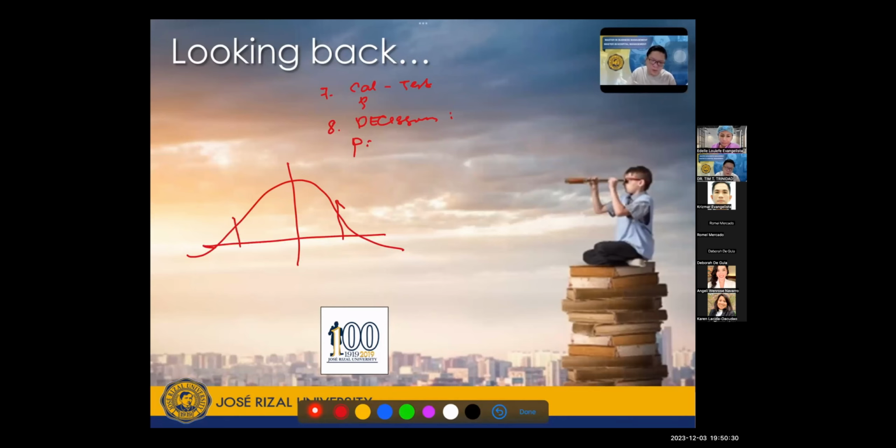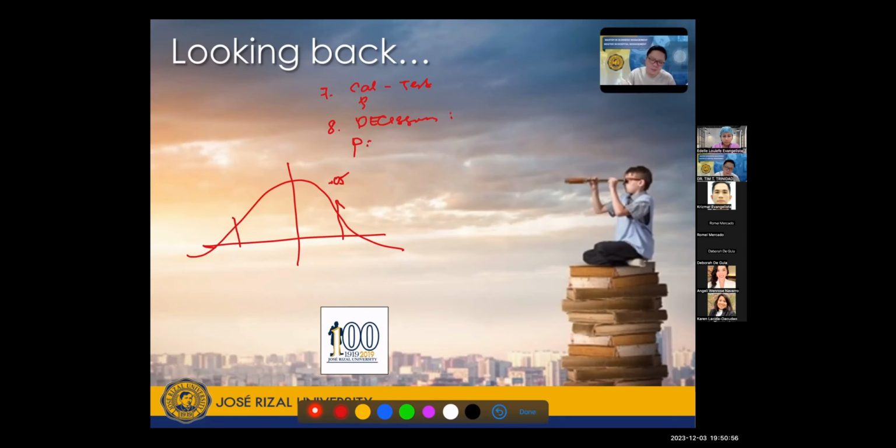Okay, what's the decision rule? For example, at a given confidence of 0.05. If the value of your null hypothesis is 0.05, any value of your p that is more or less than 0.05 will prompt you to do what about your null hypothesis?